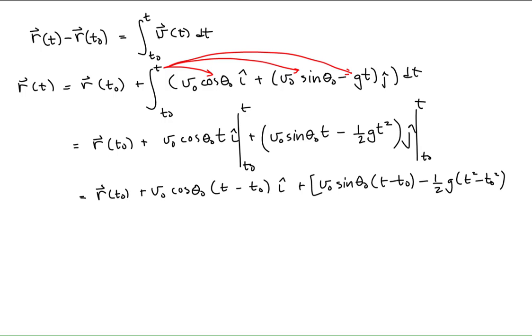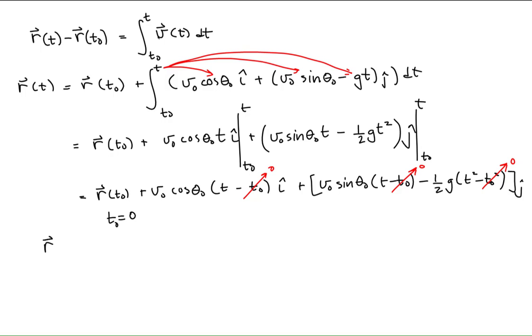And this is for the y component. Now remember, t naught is equal to 0. So that means this expression in the y component, both of these expressions are equal to 0, as well as this expression in the x component is equal to 0.